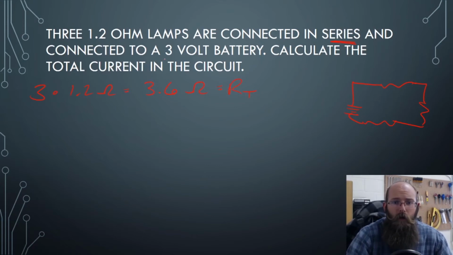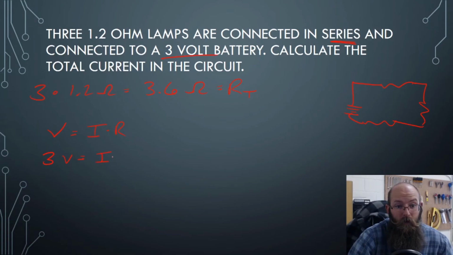I am now connected to a 3-volt battery. Calculate the current. So that's V equals I times R. My voltage is 3. I don't know my current, but I know my resistance is 3.6 ohms. So I'm going to divide by 3.6, and that calculator math will tell me what my current is. Ready for it?